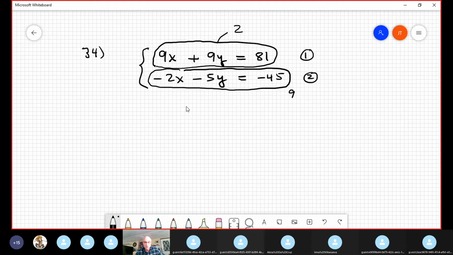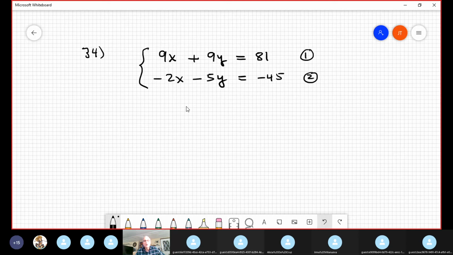Okay, so 2 times 9 is 18. 2 times 9, 18. 81 times 2 is something, 162. And the multiplication by 9 times 2 is negative 18. Oh, it's ready for elimination in the x part. Do you understand or no? Oliveira? Yes, Professor.